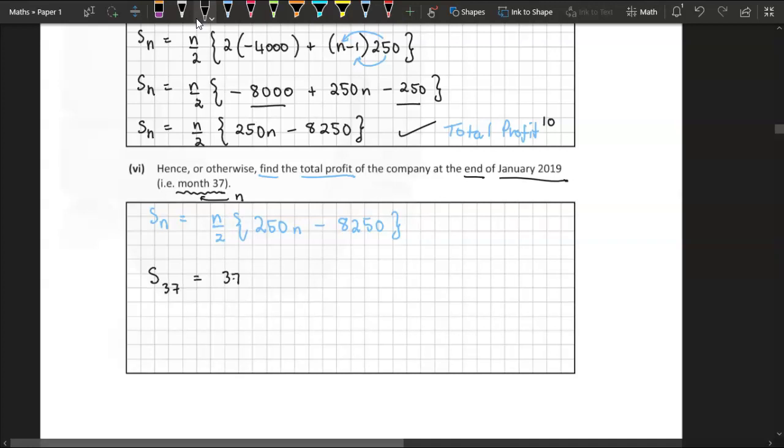So that's going to give us 37 divided by 2 into 250 multiplied by n, so 250 multiplied by 37, minus 8250. So S37 is equal to, and when you work all that out, you're going to end up with 18,500.